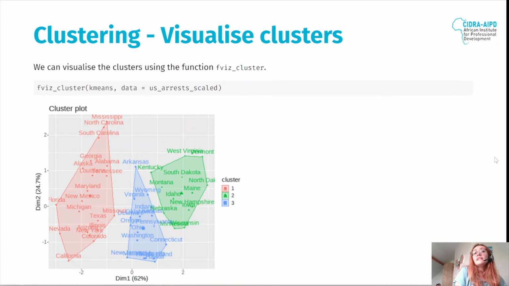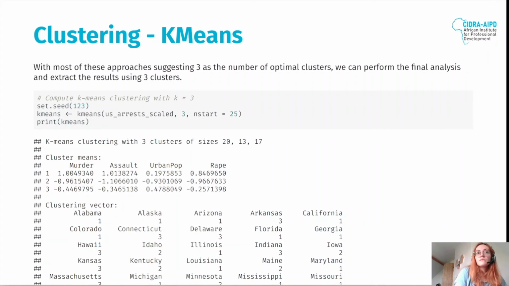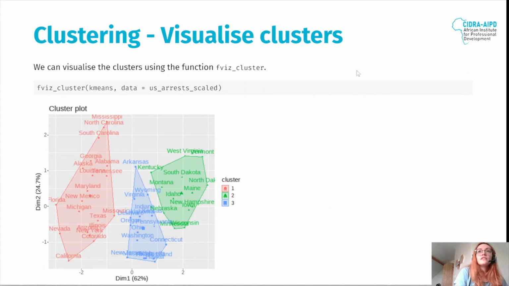So the interesting part is to actually visualize the clusters, so we can plot there using the fviz_cluster function. So we plot the k-means. We have here the data, the scaled one, and then we are plotting already with the names of what they represent.